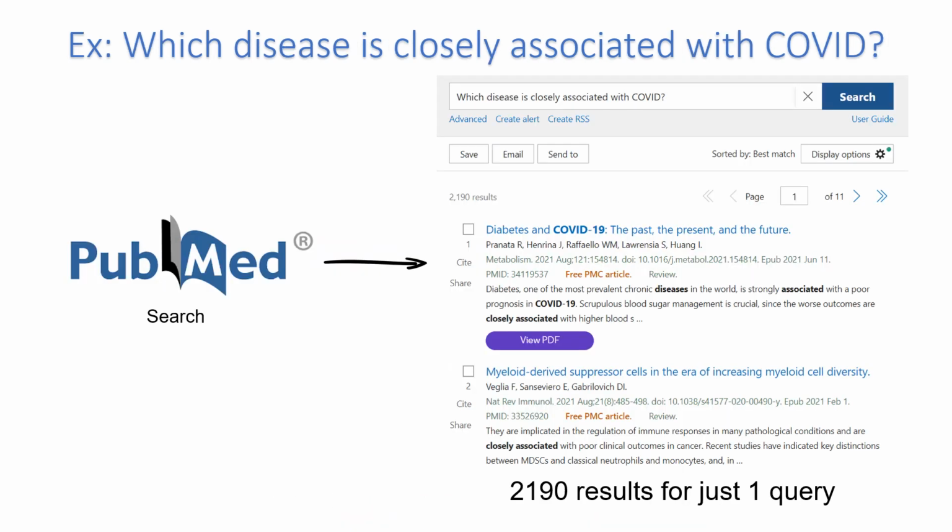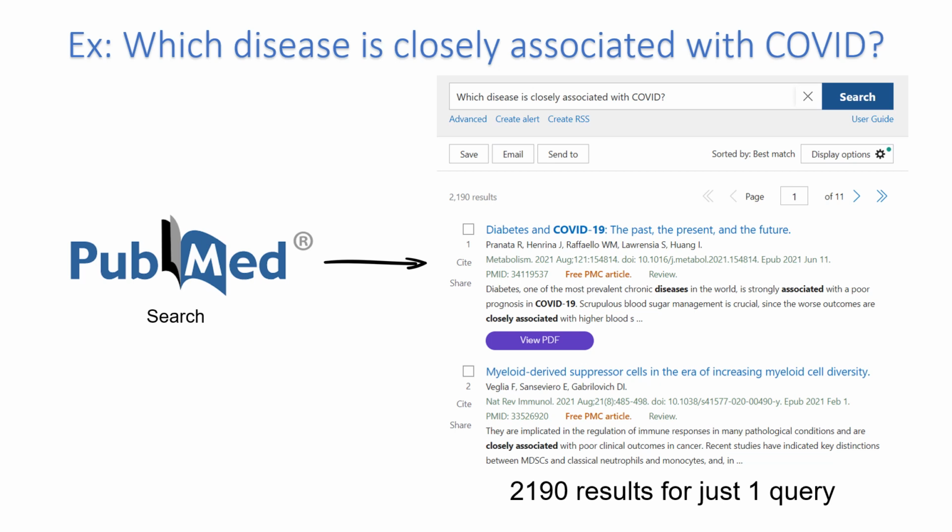For example, if you went to PubMed and searched which disease is closely associated with COVID, you might get over thousands of hits. And this is just for one query. And if you look at the first paper, it talks about diabetes and COVID-19.